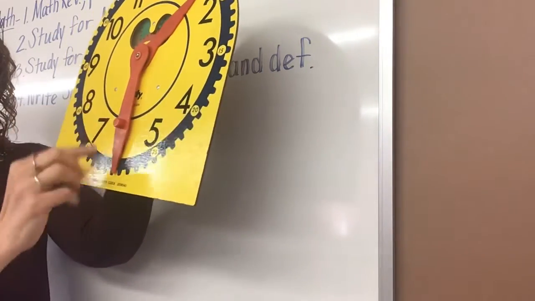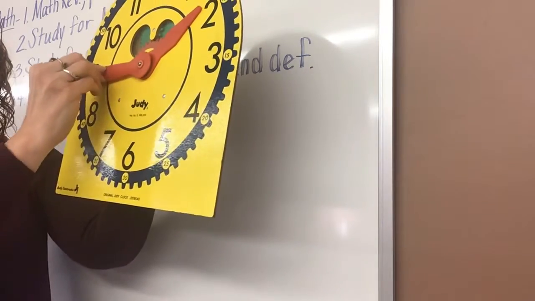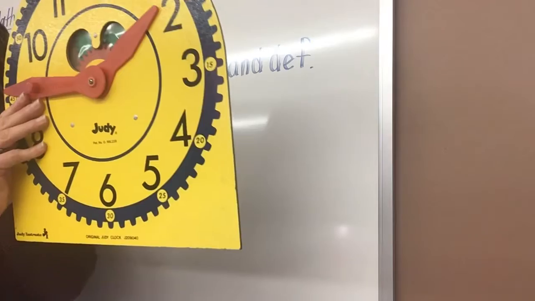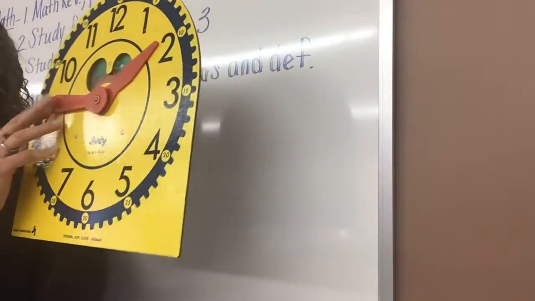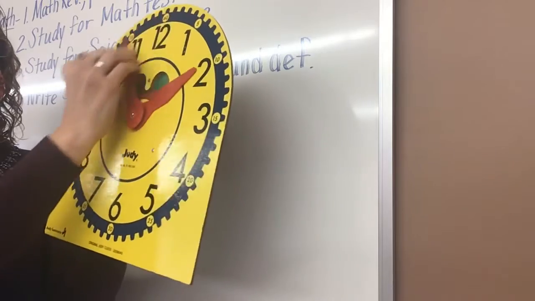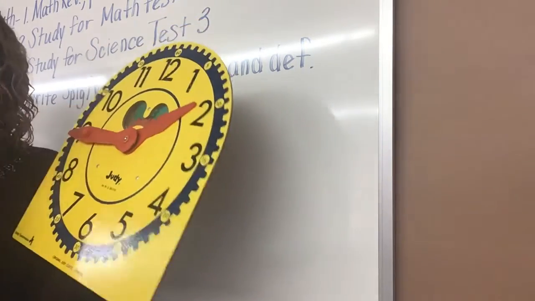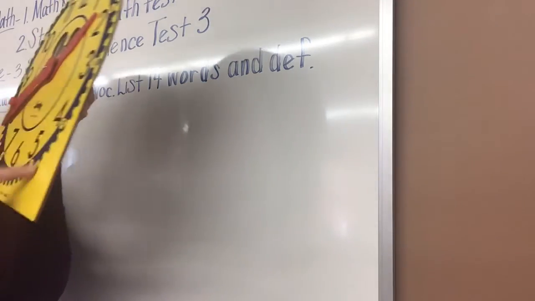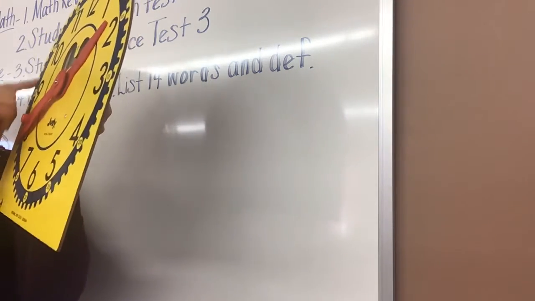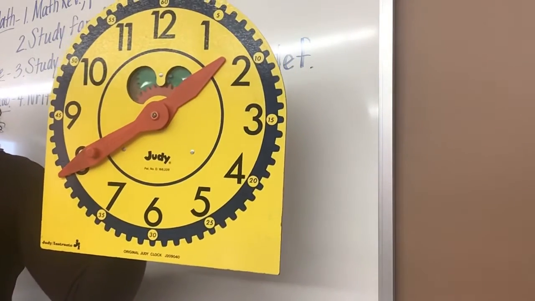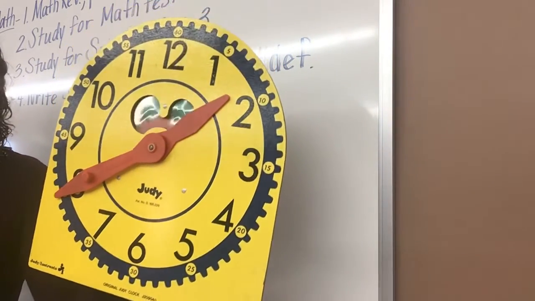If we were talking about this section, 5, 10, 15, and 15 and 15 and 15 is 45. That's what you get when you do 9. And then 5, 10, 15 in this last section. So each of those sections would be 15 minutes. And 15 plus 15 plus 15 plus 15, 4 15s is 60. That's how you get 60 minutes in an hour.